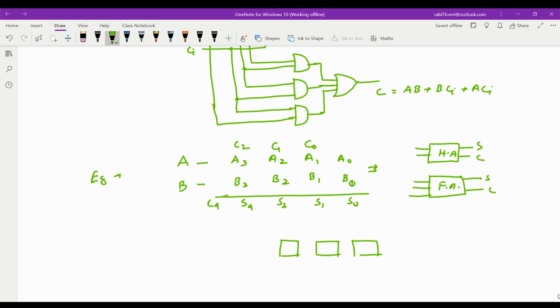So, for this, three full adder circuits and one half adder circuit will be needed, right? You know, a full adder circuit has three inputs, and a half adder has two inputs, and it has an output, carry output, right?